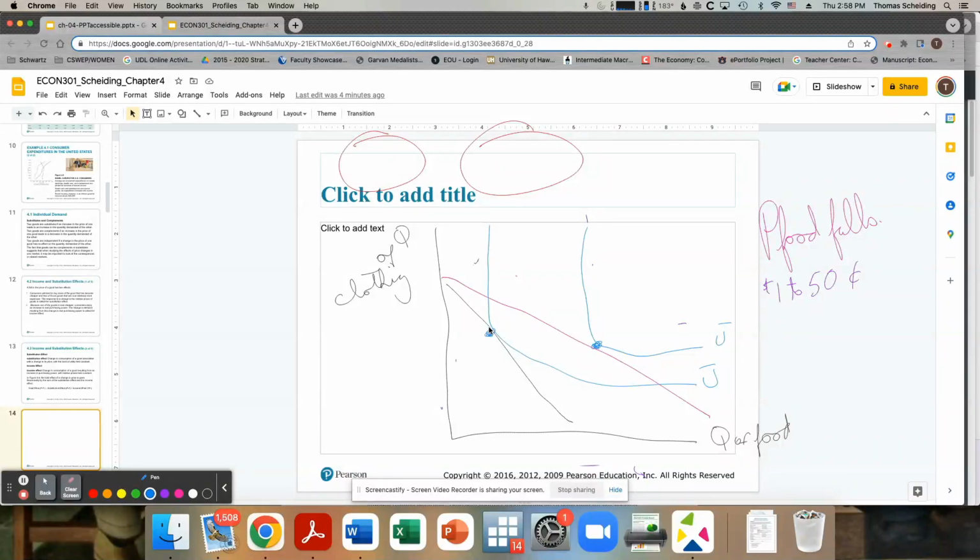Substitution effect. So when we look at the substitution effect, what we're going to do here is draw a line exactly parallel to this budget constraint, and we're going to keep bringing it inward until it just touches.